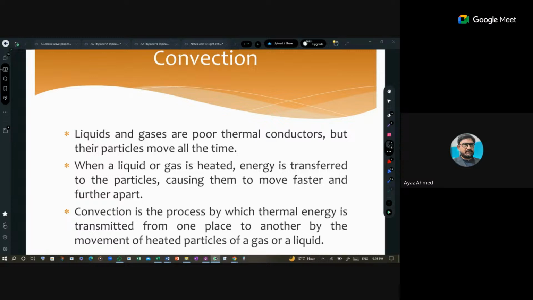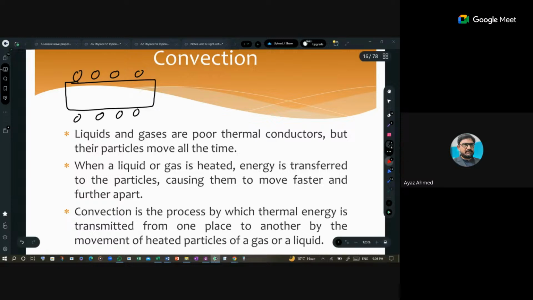Let's say, if I give you an example of conduction, I have given you the example before. This is the table where you are going to have your lunch or dinner. If person one is taking some food, then he is going to transfer the food to person two, then three, then four, and so on, to person number eight who is receiving it.